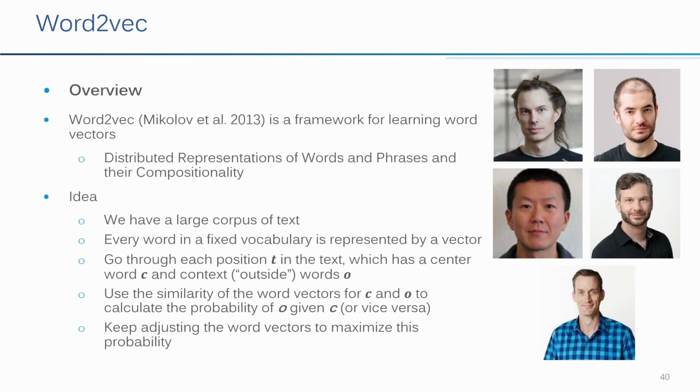There are some side notes on how they actually come up with those values, but by adjusting these values on and on based on what you observe, hopefully this will be a good approximation. You will never get to the actual probability because there is no way to do this. You don't have enough text, and the adjustments just try to minimize the difference between what you have there and what you calculated, what your prediction is, okay?